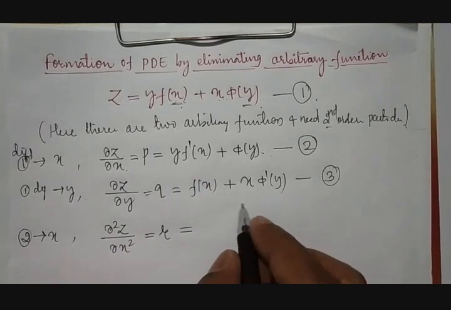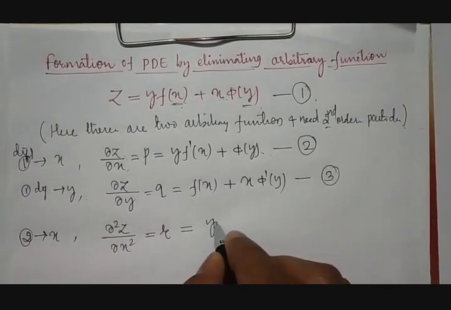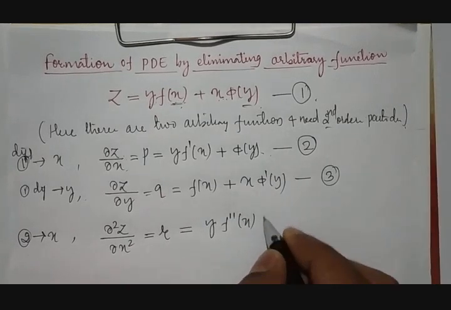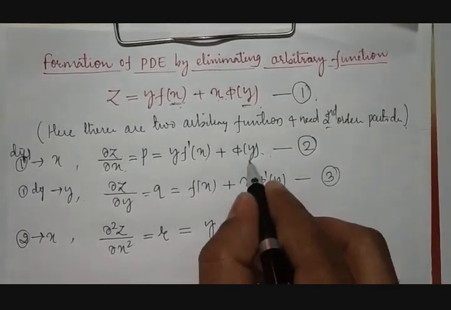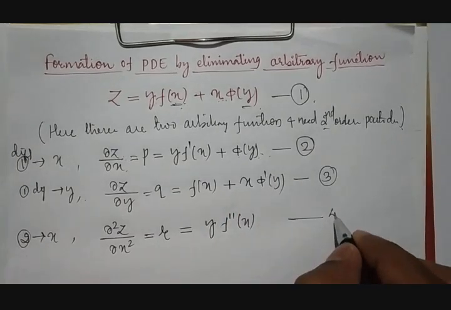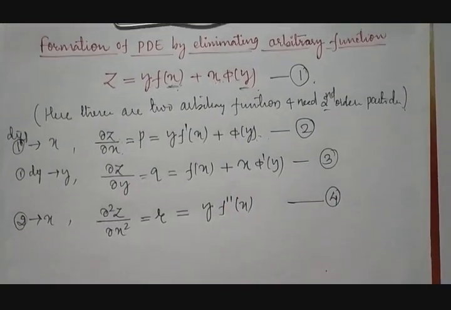This will be r. Then y common, differentiation of f dash will be f double dash of x, vice versa 0, plus differentiation of pi of y with respect to x will be 0. So this is equation number 4.